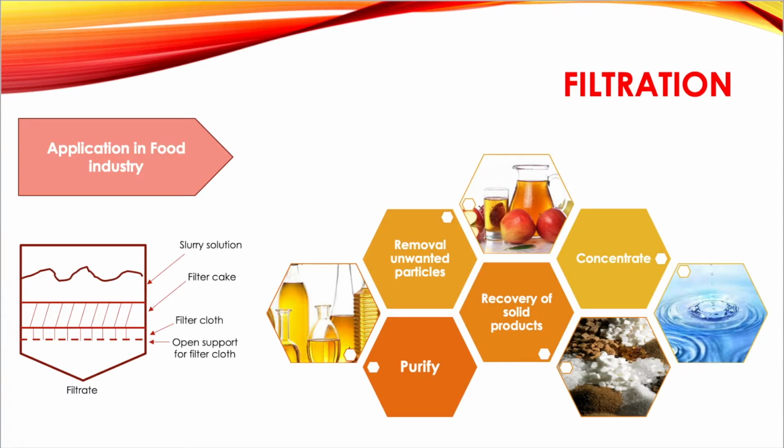So this will form a filter cake, as you can see depicted in the schematic diagram on the left hand side. So this is a simple example of how filtration works and how this cake that we mentioned earlier in this lecture forms.